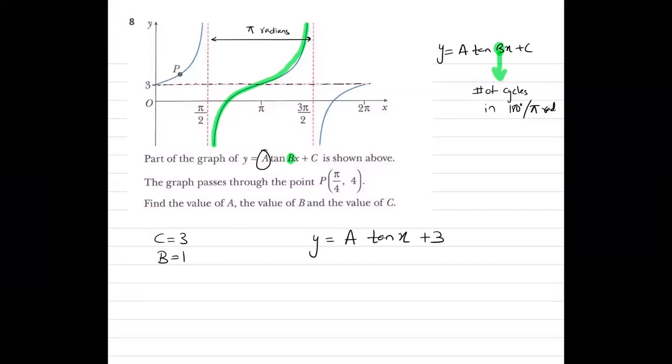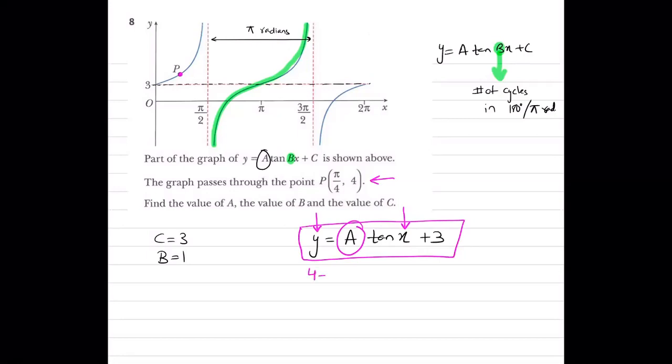Also you have been given this point, that is pi upon 4 comma 4. अगर मेरे पास ये equation है और उसमें मुझे y coordinate भी पता है, x coordinate भी पता है, can you guys help me find the value of a? You can just plug in the coordinates of P in place of y and x, so you will get the value of a.